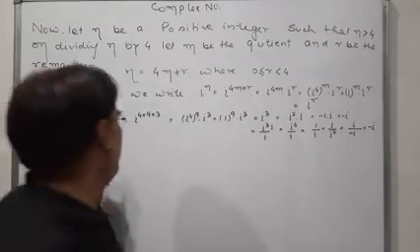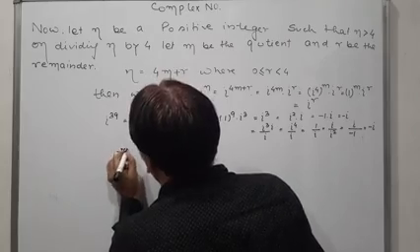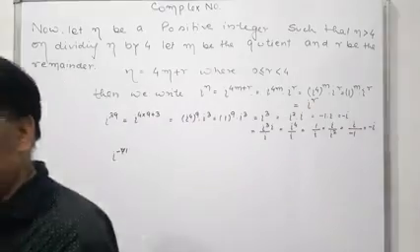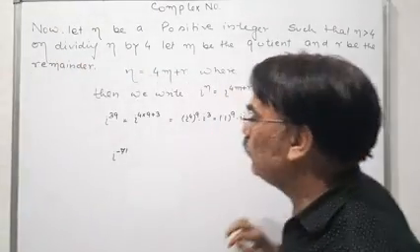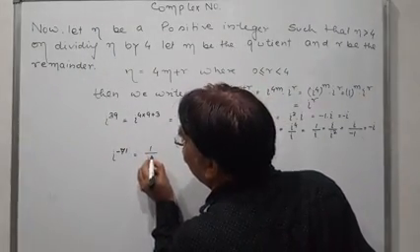Now if we have to find out the value of i to the power minus 71, see how to find it. First we write it as 1 upon i to the power 71.